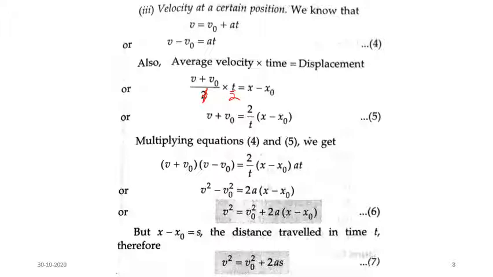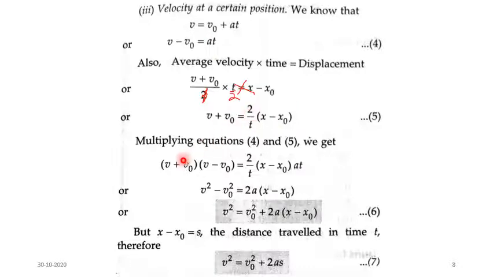Now I can cross multiply. I can send this t to the denominator and 2 to the numerator. So I have v plus v naught equals 2 by t times x minus x naught. Now what we will do, we will multiply our equation 4, v minus v naught equals at, and your equation 5, v plus v naught.